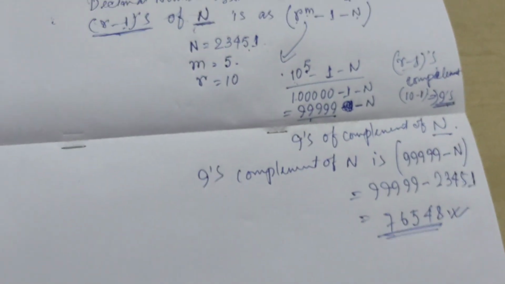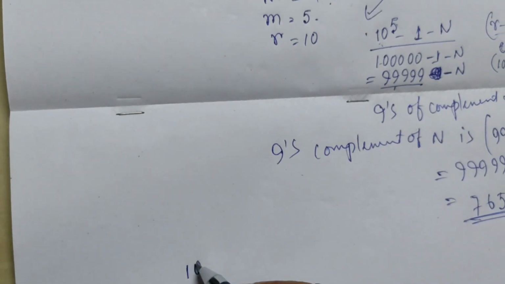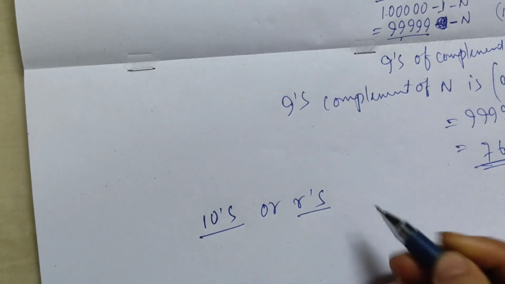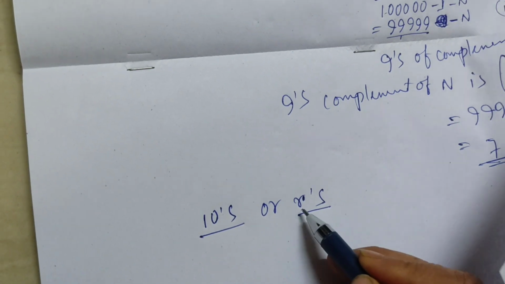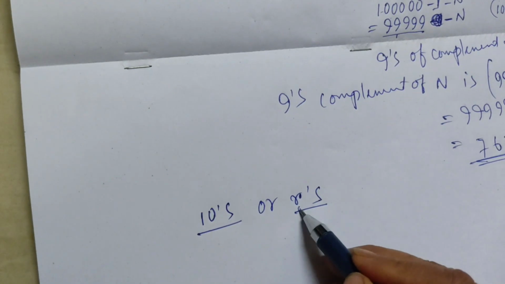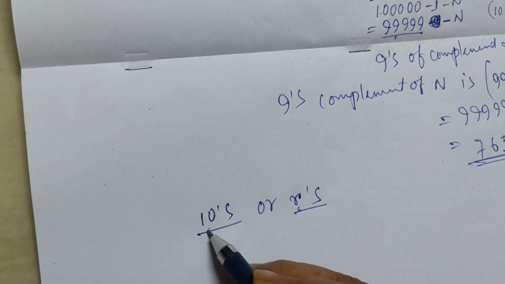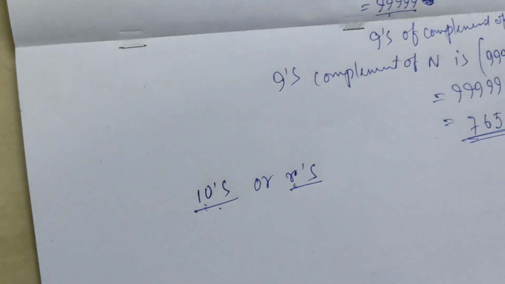So now we have already found the 9's complement. Now there is another complement, that is called 10's complement, or we can say r's complement. When we are specifying r, if we are considering the decimal number system, r is 10. So in it we can get the 10's complement. How are we able to find out the 10's complement?